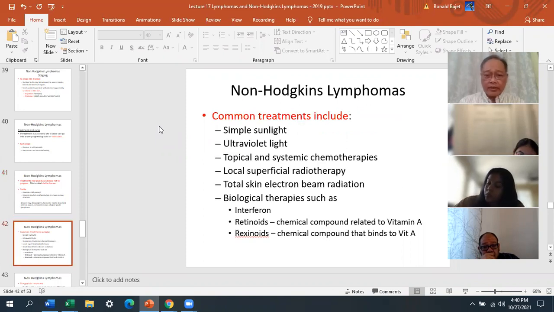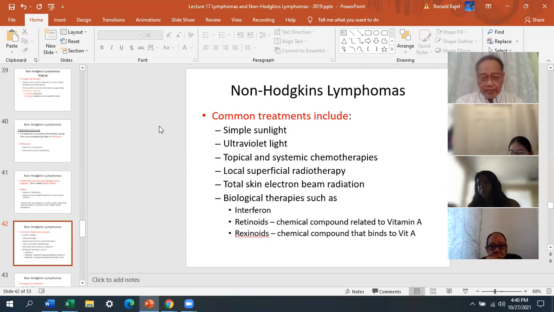Okay, treatment. The types of treatments that the patient can get is just simple sunlight, because it's cutaneous, or ultraviolet light, or topical and systemic chemotherapies, local superficial radiotherapy, total skin electron beam radiation, and biological therapies that include interferon. Remember, I talked about interferon in the previous lecture.